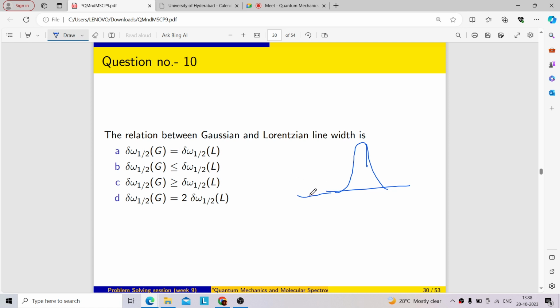So its shape will be slightly flatter than the Lorentzian distribution. So in that case you can clearly visualize that the line width will be more for the Gaussian distribution compared to the Lorentzian distribution.